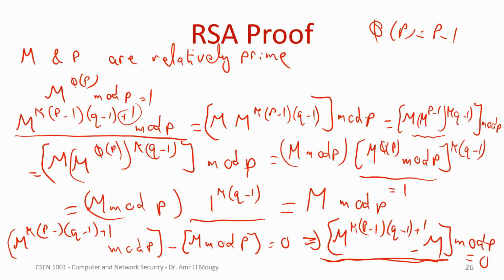We can then say that M^(K(P-1)(Q-1)+1) minus M is equal to a constant that is multiplied by P and Q. Why? Because both P and Q will divide it.